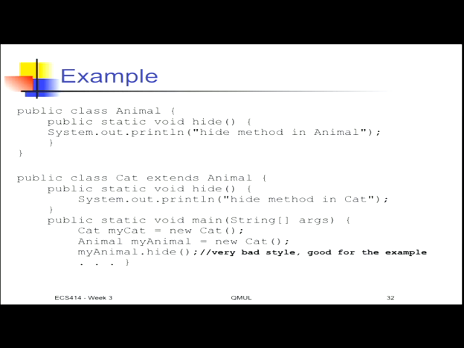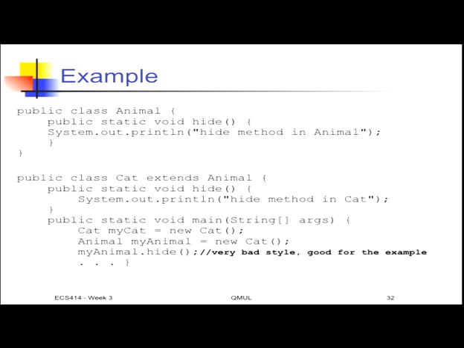Now suppose that we have a main where we declare Cat myCat equals new Cat. So we create an object of type Cat. Then we create an object of type Animal, but the object itself is an instance of Cat, but is an Animal.